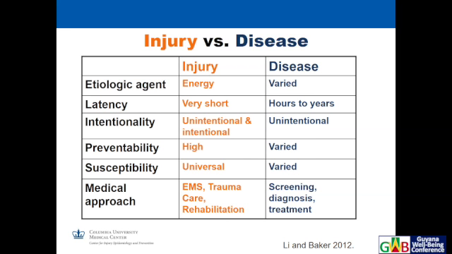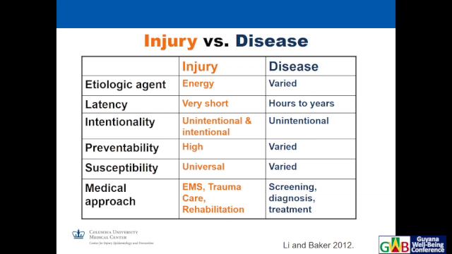The other difference is the latency. The latency for injury is very short. It could be milliseconds, because the acute transfer of damage to the human body occurs instantly. On the other hand, the latency of disease ranges from hours to days to weeks to years, depending on the specific disease.